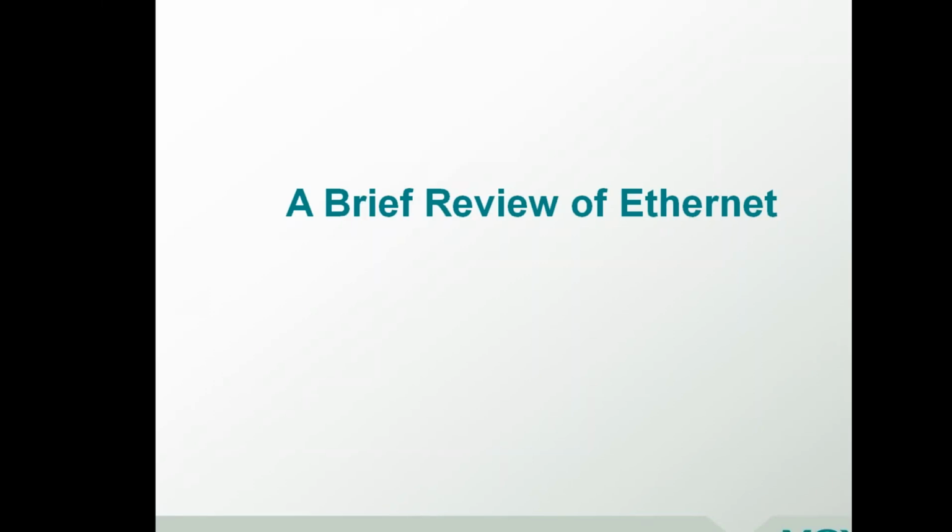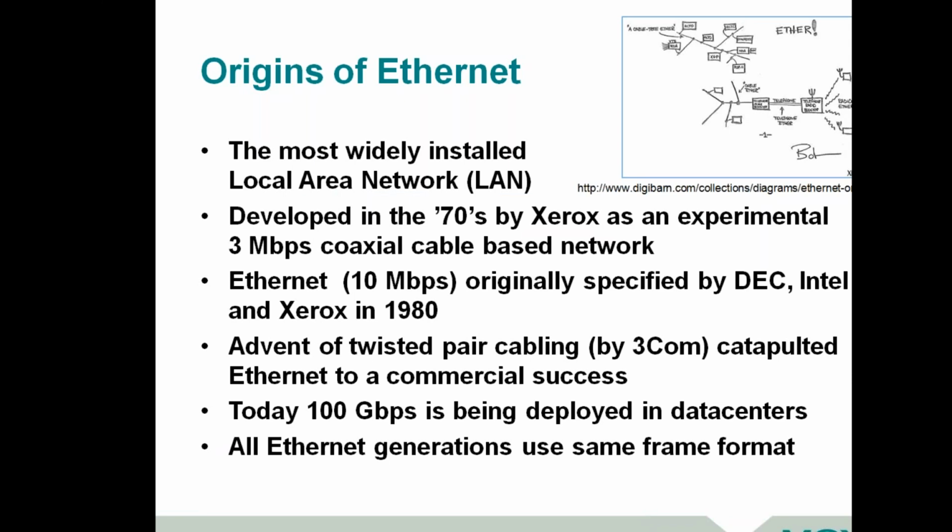I think the best place to start this is just with a brief review of Ethernet. It's been fascinating where it's come in such a short amount of time. If we could take a brief look here, you'll find a lot of changes through the life cycle of Ethernet. It started as a real simple technology that came to popularity in the early 80s through Xerox and Bob Metcalfe deploying that.